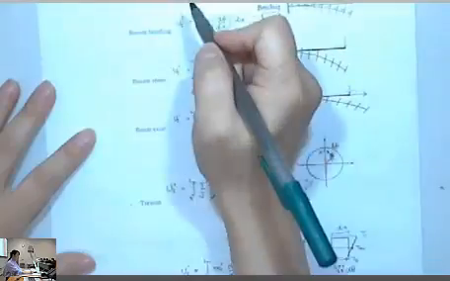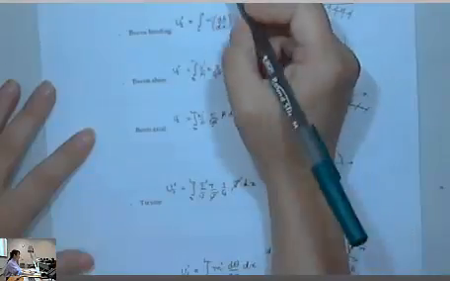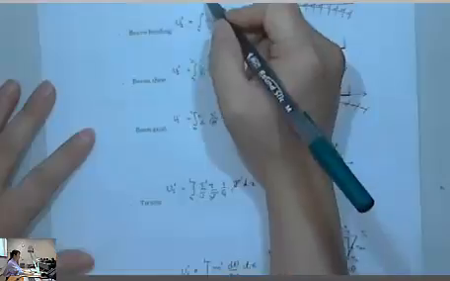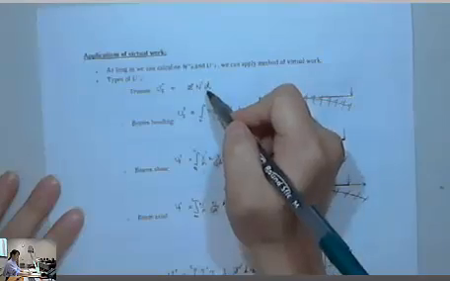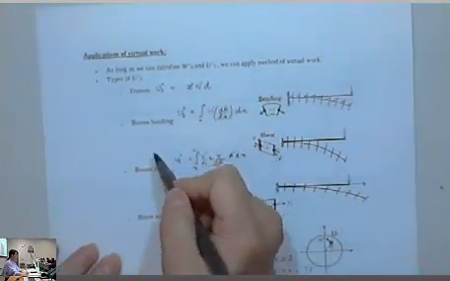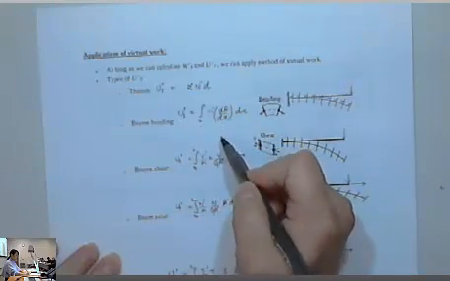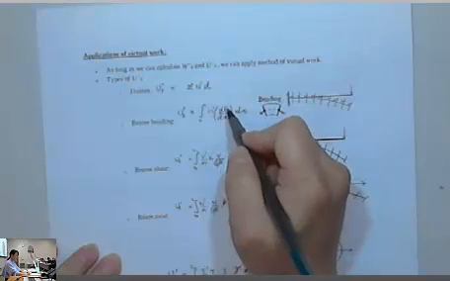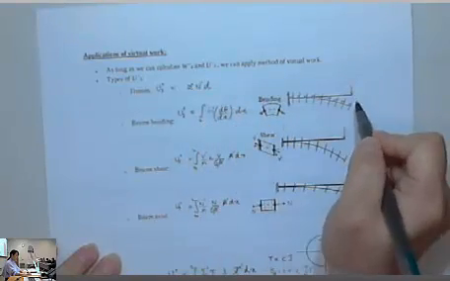It will be the internal virtual energy will be just the actual force times the displacement of each individual member and the sum of it. And for the beam bending, we have learned that internal virtual energy will be the virtual moment times the real curvature and integration of the entire beam.